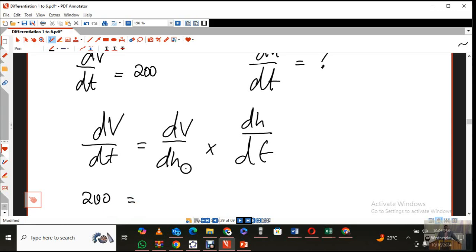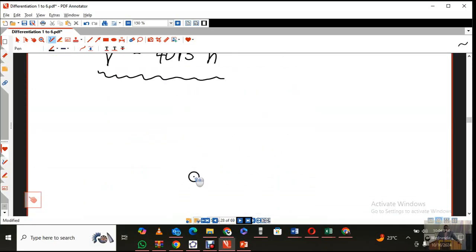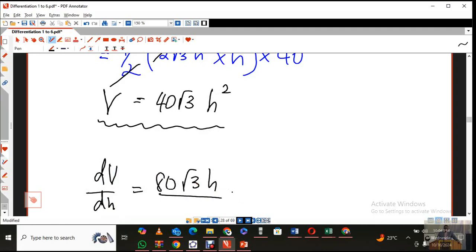dV/dh, do we know what dV/dh is? Well, we have to find dV/dh. And the way you find dV/dh, I'll go back here, is I will have to take this derivative. dV/dh will be 2 times that, that's 80 root 3h. This over here is dV/dh, which is a calculated value.